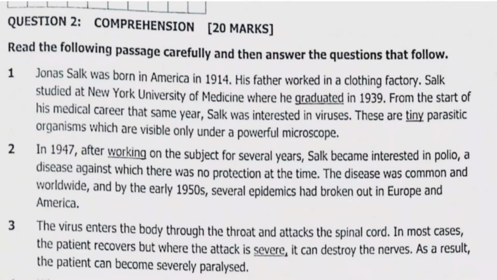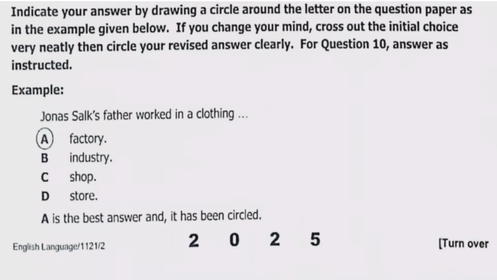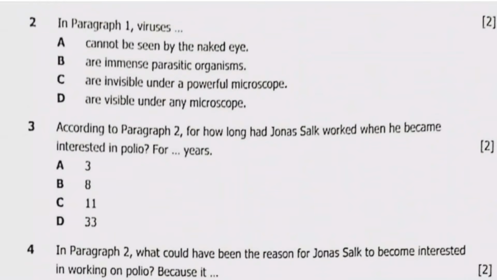That means they cannot be seen without a microscope. So the correct answer there is A, cannot be seen by the naked eye. If you don't have the microscope, you can't see the viruses. If you want to see the viruses, then you can make use of the powerful microscope. So the correct answer there is A.